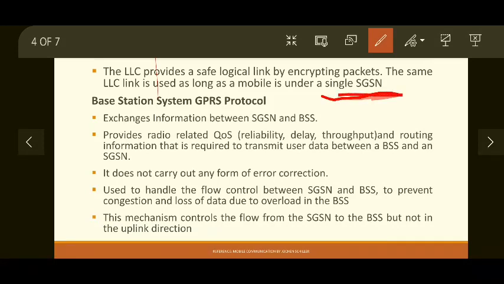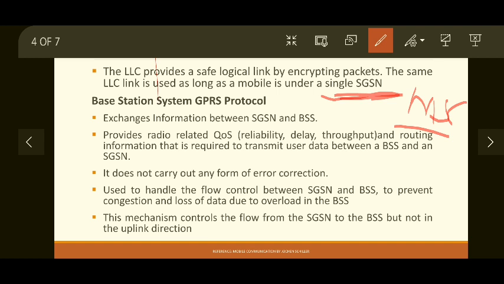This is at the same hierarchy level as an MSC. So as long as we are under the same MSC, the same logical link will be provided by the LLC. Now next is BSSGP, the Base Station System GPRS Protocol.